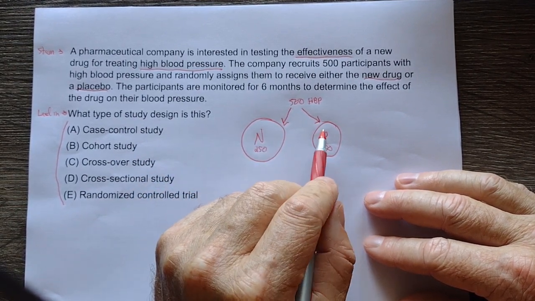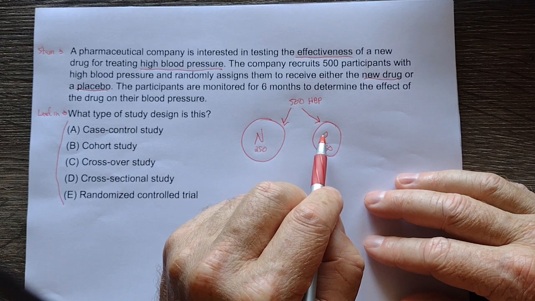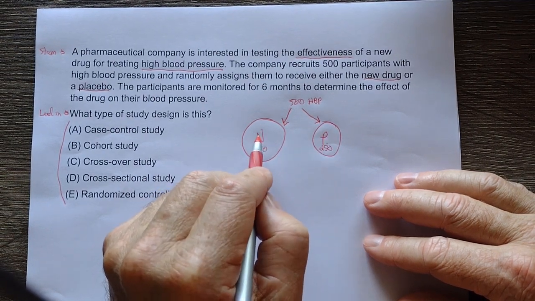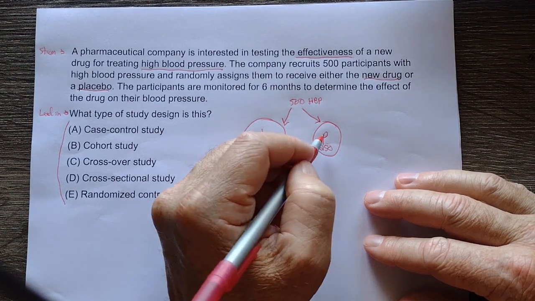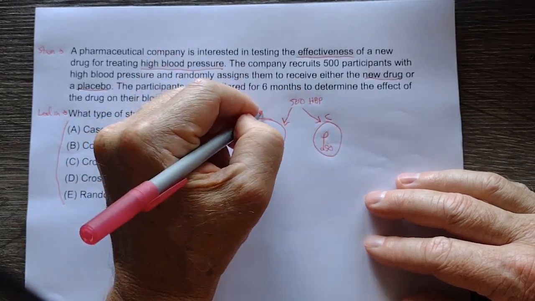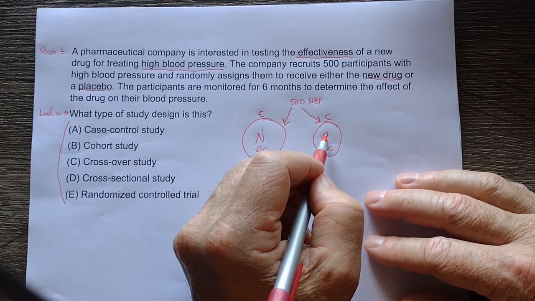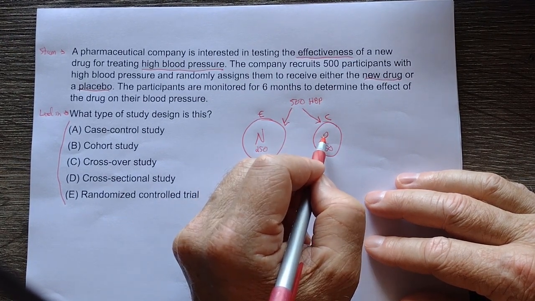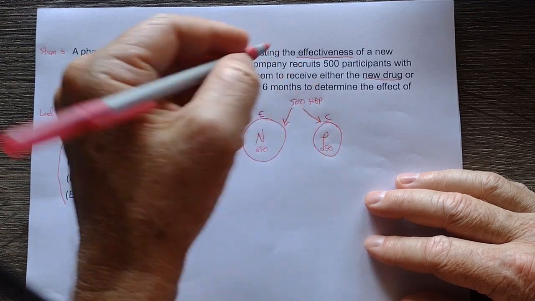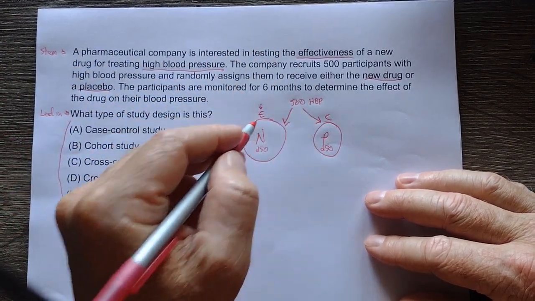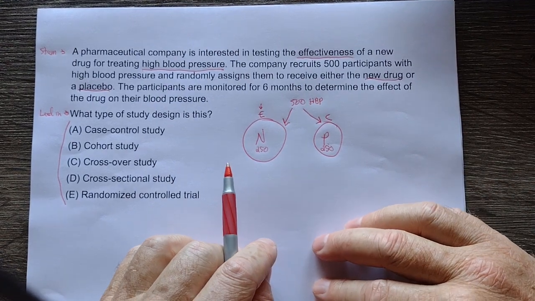And you might hear that there might be a gold standard drug or an existing drug, and then we want to test against the new drug. So this is the control, this is the experimental group. You have to remember, the control is not always a placebo, but the control can actually be an existing drug, but the experimental is the new thing. So we're trying to see if the new thing is different.